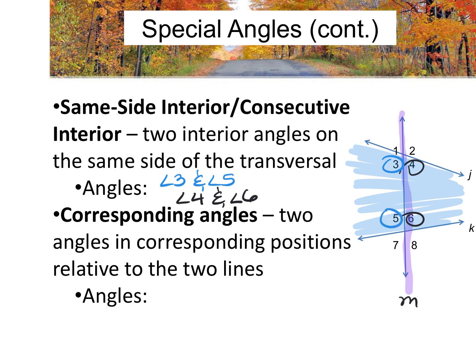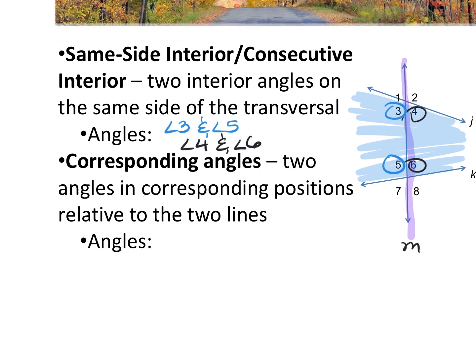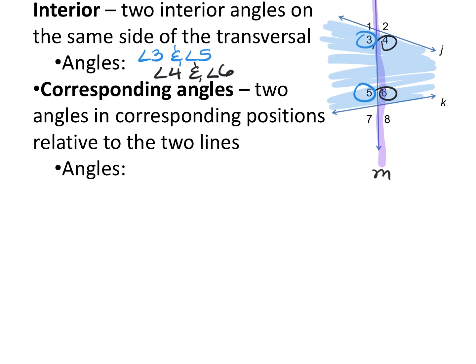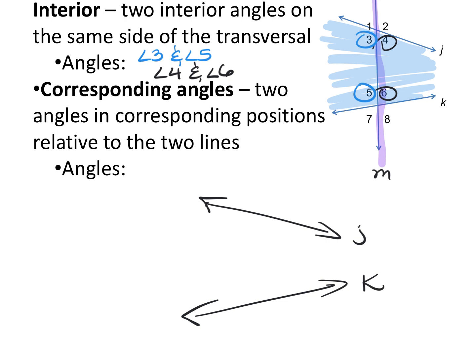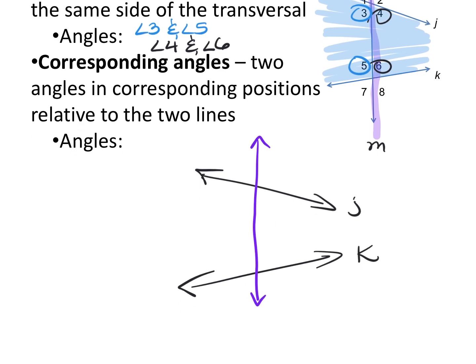Now, for the corresponding angles, I'm going to redraw the picture. So I have my coplanar lines J and K. I've got my transversal. And it's going to form my 8 angles.